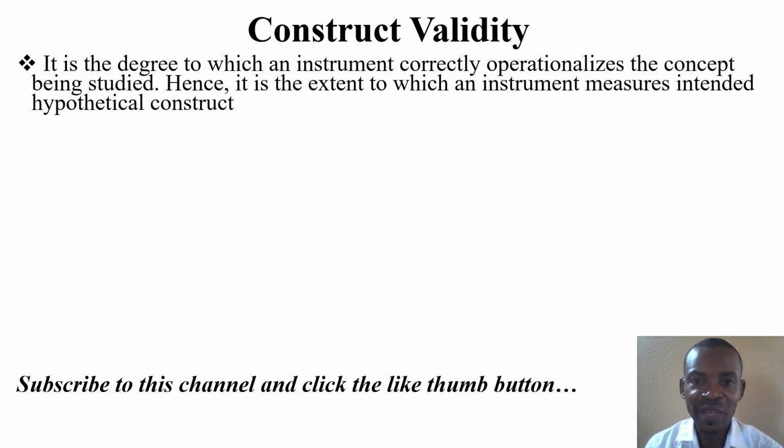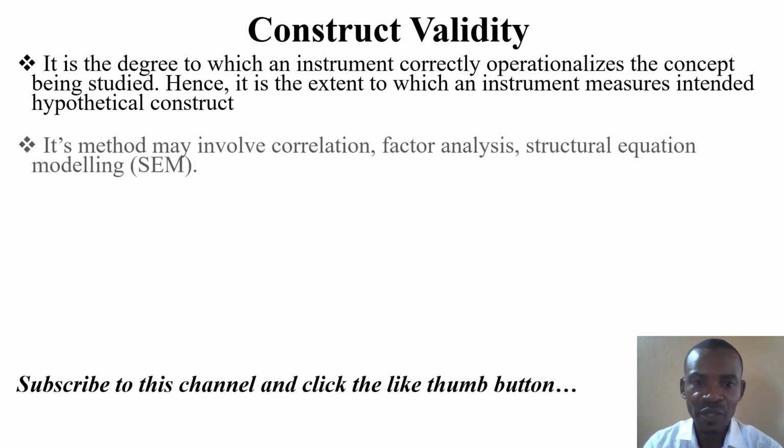You see that academic engagement is dependent on vigor, dedication, and absorption. So if these 3 factors can correctly operationalize academic engagement, construct validity is attained. Similarly, vigor, dedication, and absorption depend on some items that can measure them.